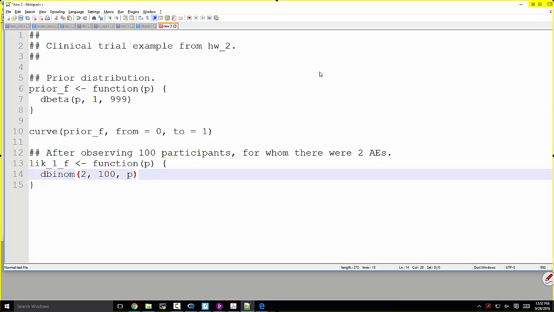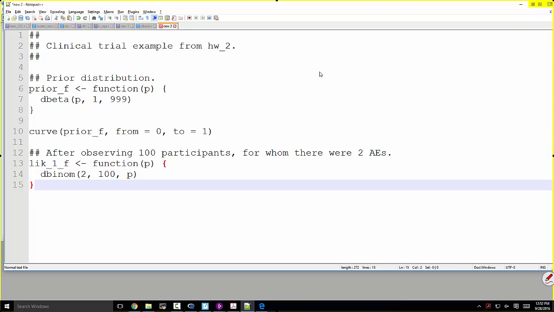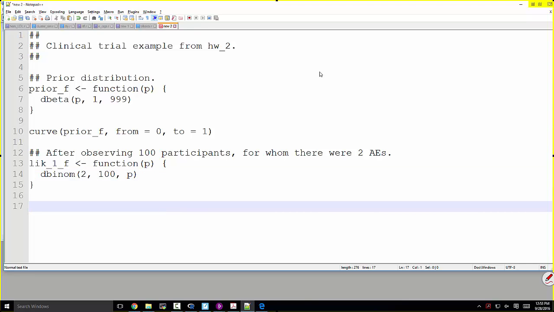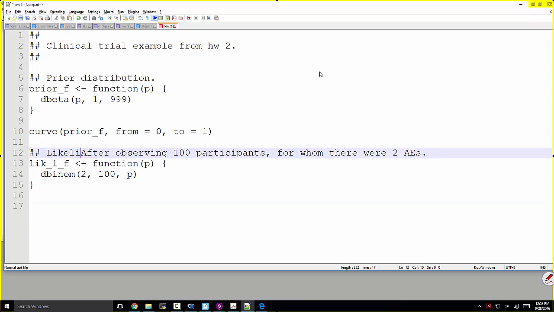We don't know p, so we're going to evaluate this function as a function of p. Let me say likelihood after observing.